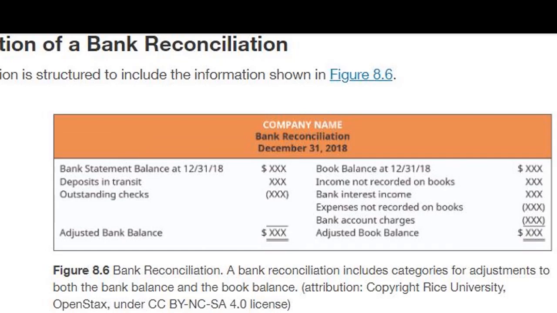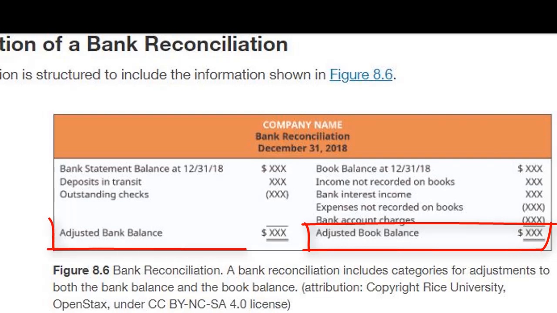And when you finally adjust or correct the bank's number, the bank statement balance, and your original number, the book balance, you should come down to the adjusted book balance, which in each column should be equal to each other.